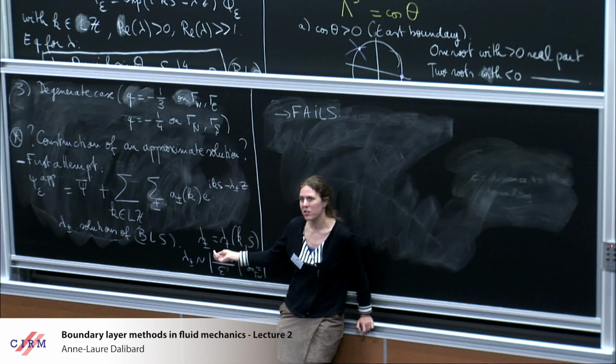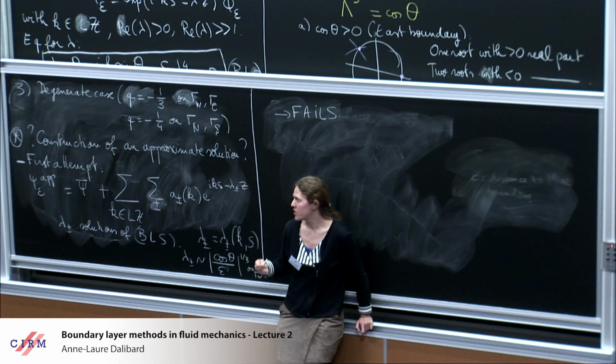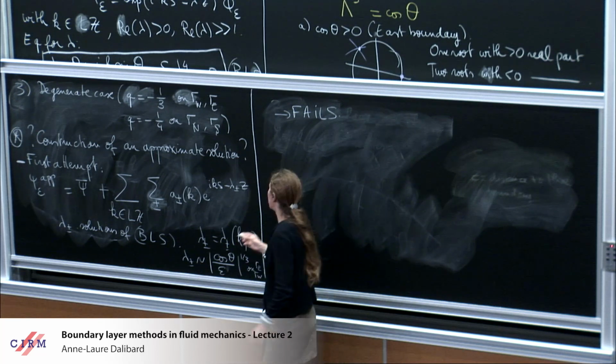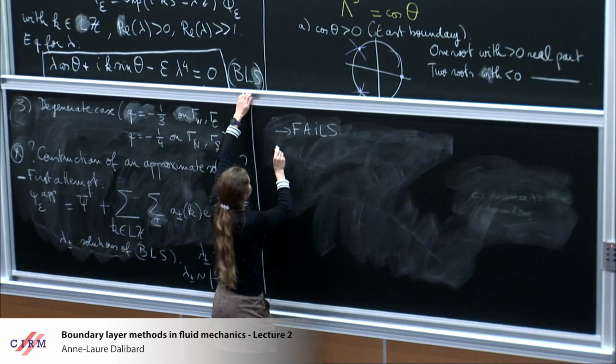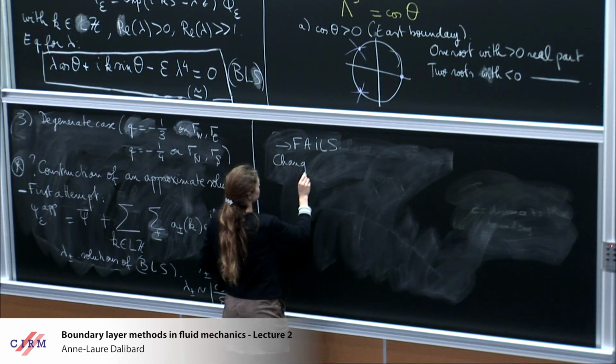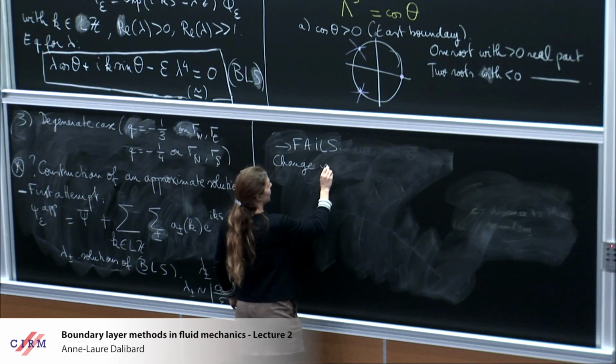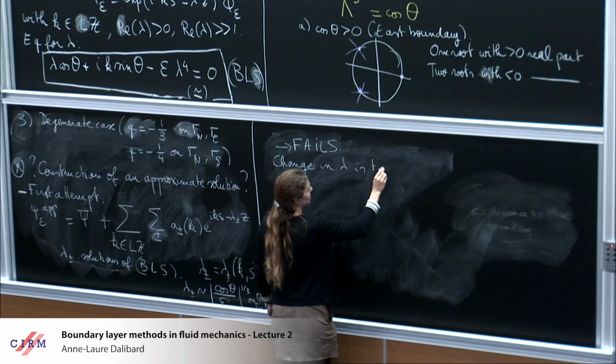They change really very rapidly. And I think this ansatz is just too singular in the end. It introduces some kind of artificial singularity within your solution that isn't really there. So the change in lambda is too abrupt.